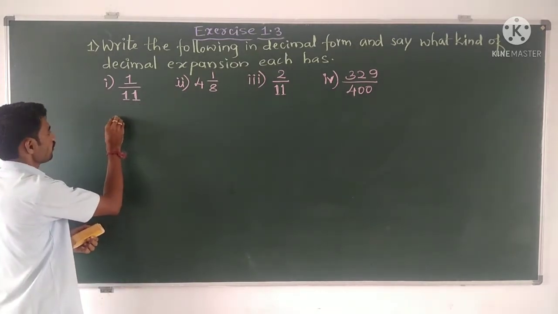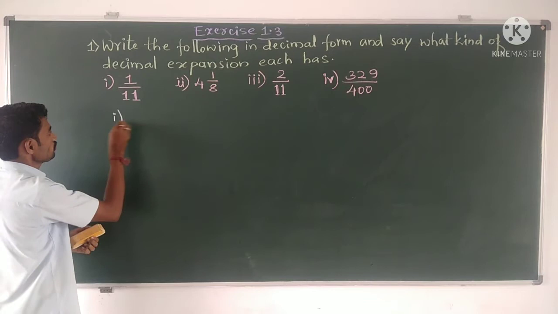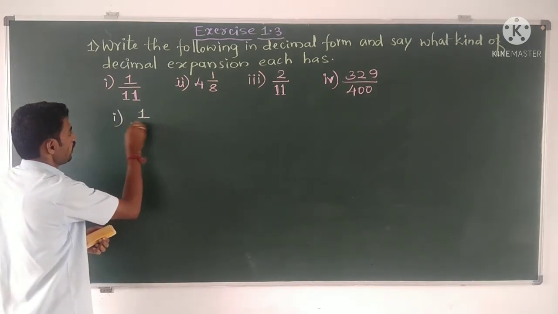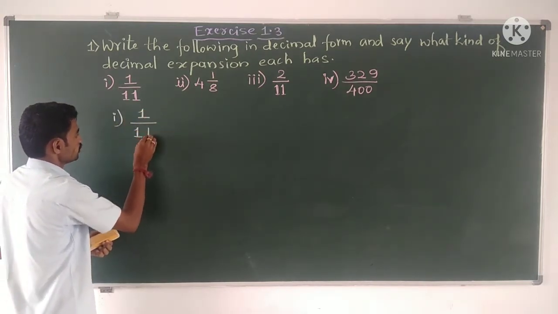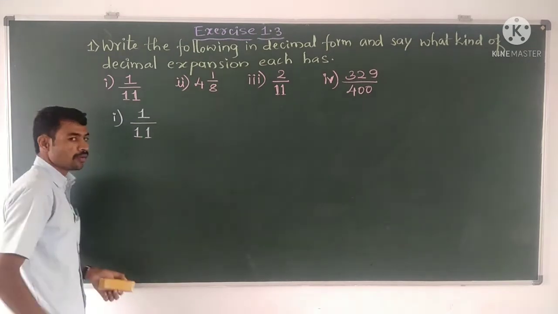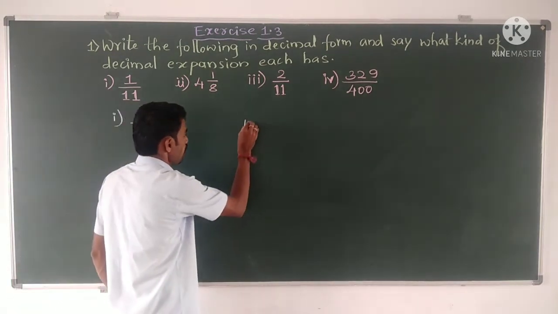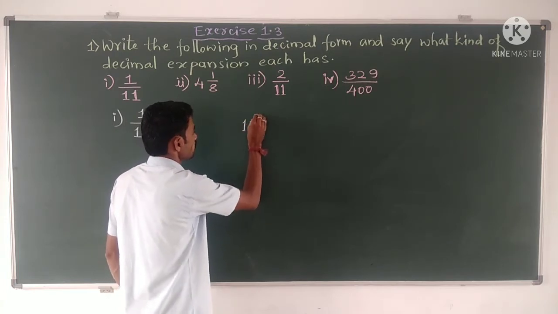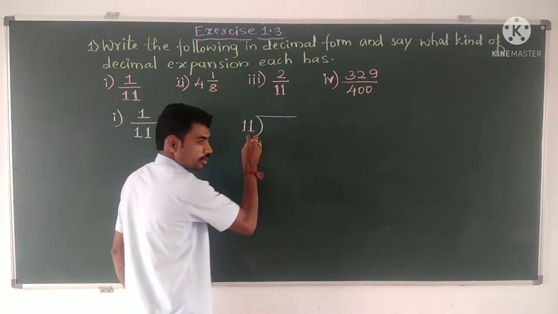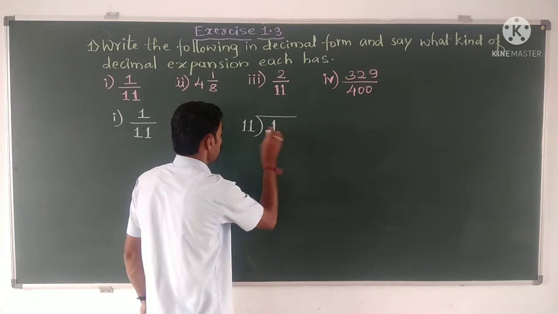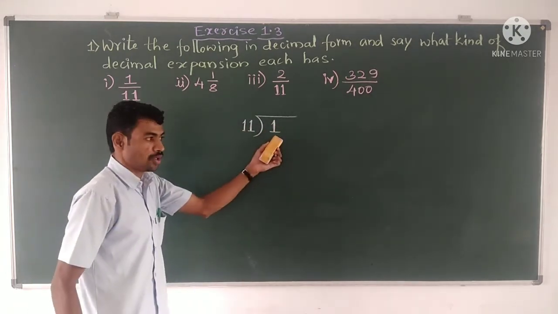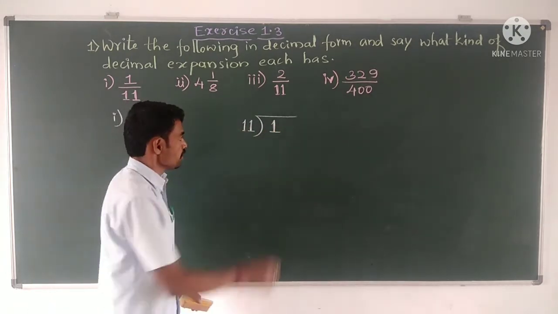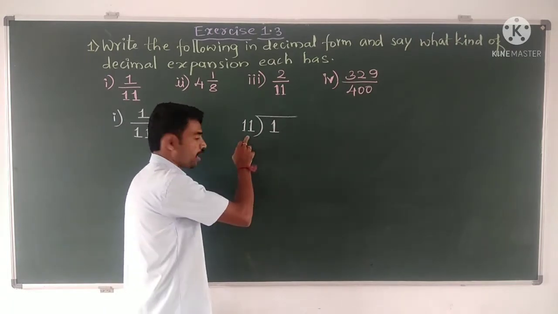Take the first one: 1 divided by 11. We have to divide 1 by 11. Is 1 divisible by 11?